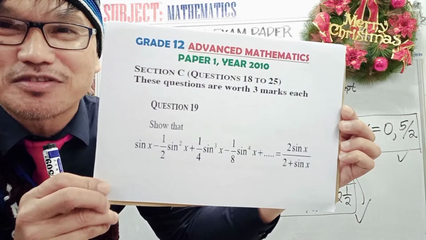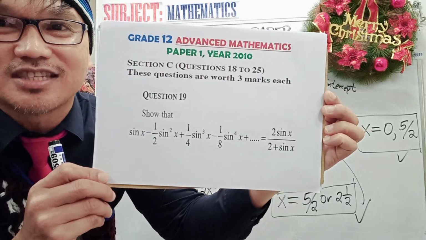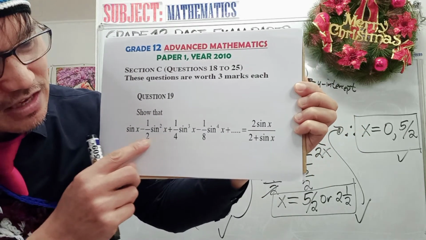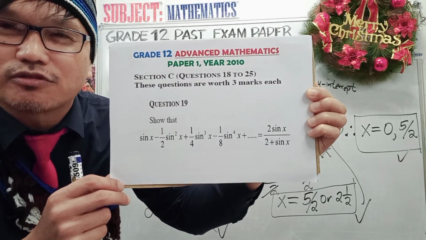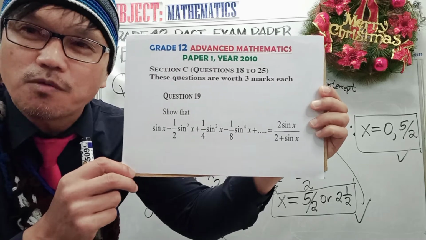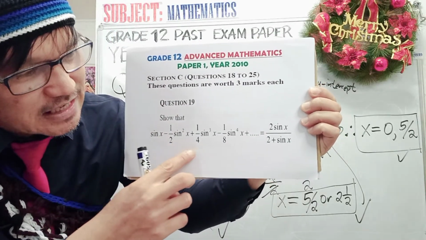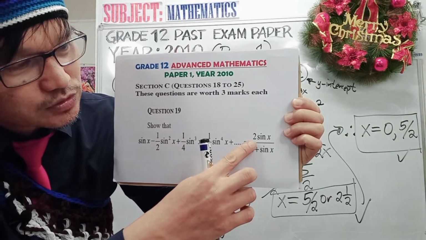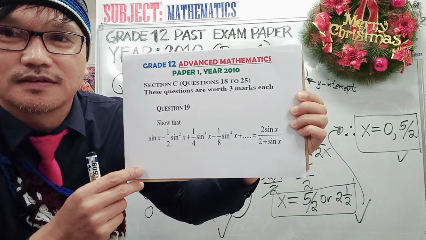Alright, question number 19, section C. Show that, okay, this is the given function. Oftentimes, when students encounter this kind of question, show means in mathematics you have to prove. You have to prove that this given sequence or series is equal to 2 sine x over 2 plus sine x.